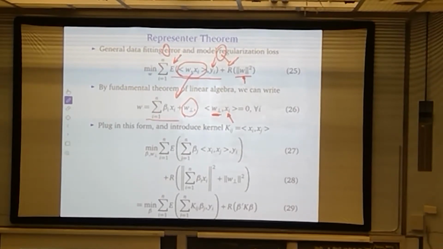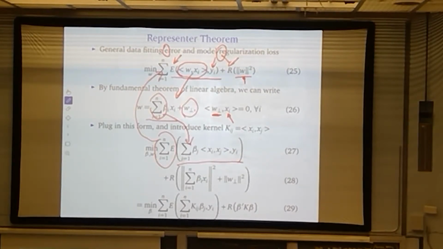So we plug equation 26 into 25. The inner product and the linear combination can be expanded. It becomes the inner product between W and each of the xi. I have to use j for the sum so that the indices don't repeat. So this involves the inner product between xi and xj.